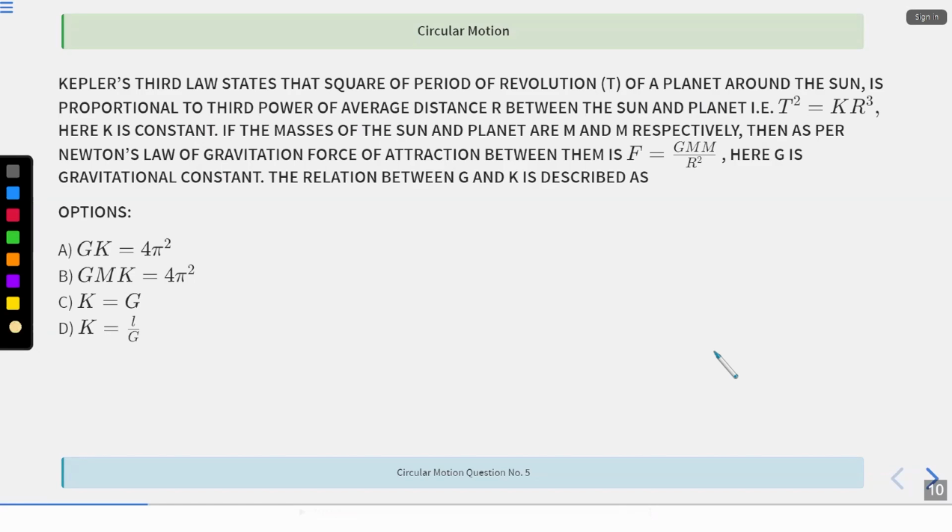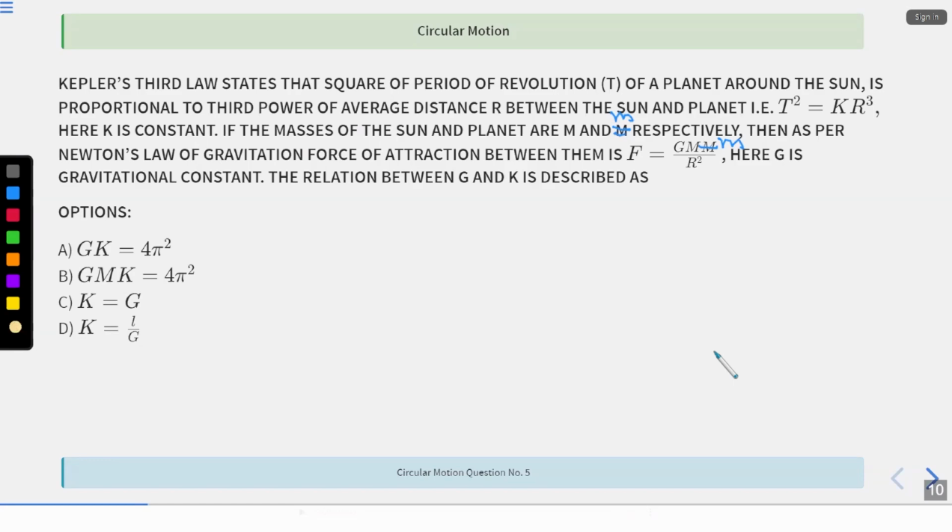If the masses of the sun and planet are M and m respectively, then as per Newton's law of gravitation, the force of attraction between them is F equal to G M m. Here G is the gravitational constant. The relation between G and k is described as what?